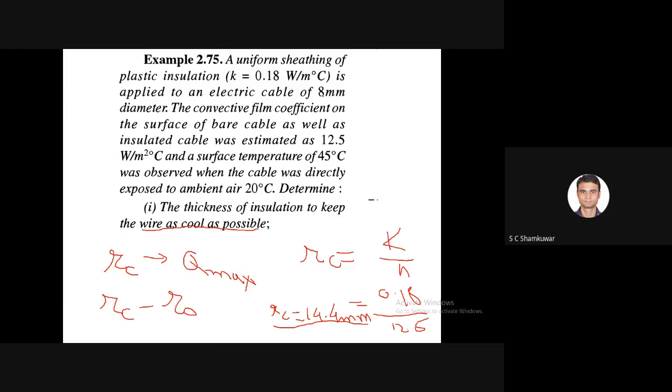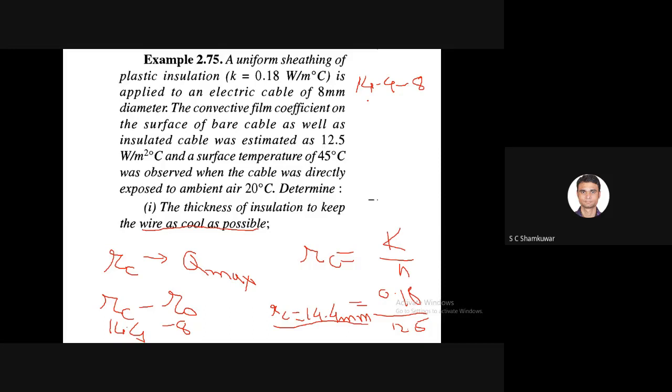Outer radius of the cable, 8 mm. So it is 14.4 minus 8 mm. This will be the thickness of insulation that we require.